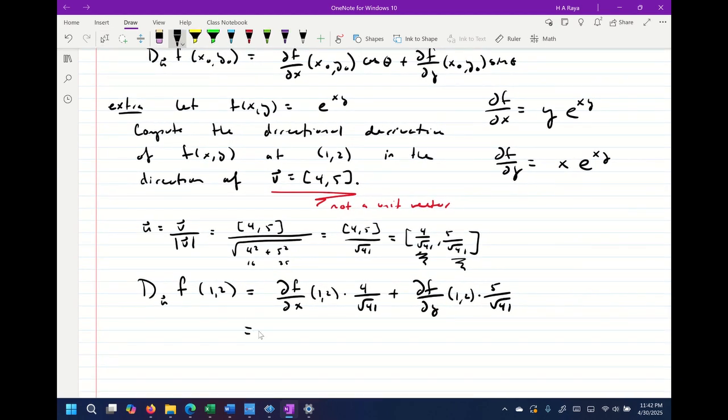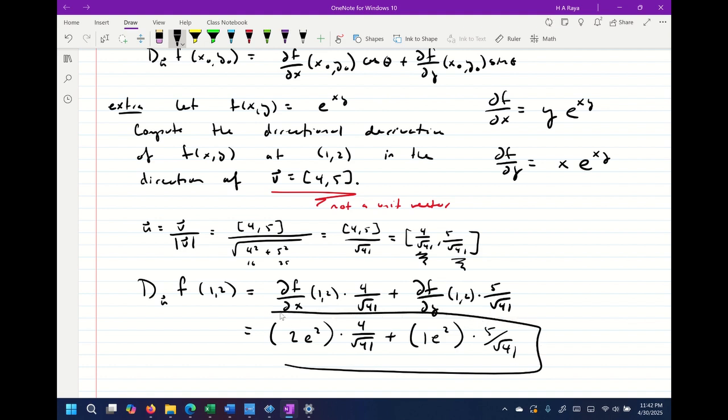Evaluating these expressions at 1, 2, the partial derivative of f with respect to x at 1, 2 will give us 2e to the 2. We're multiplying that by 4 over rad 41 plus the partial derivative of f with respect to y at 1, 2, which will give us 1 e to the 2, and we're multiplying that times 5 over rad 41.